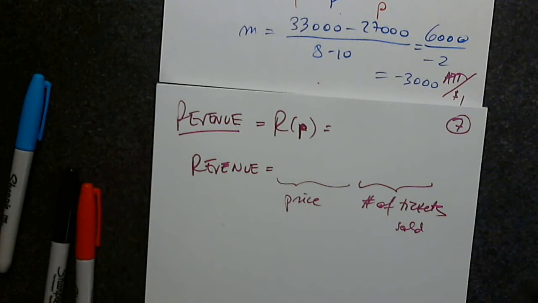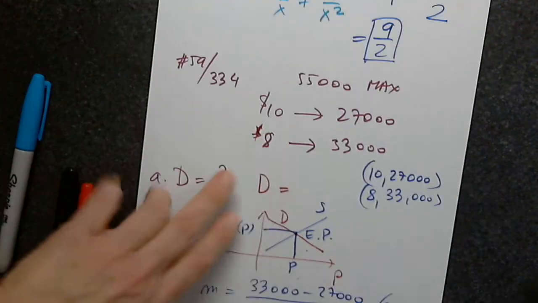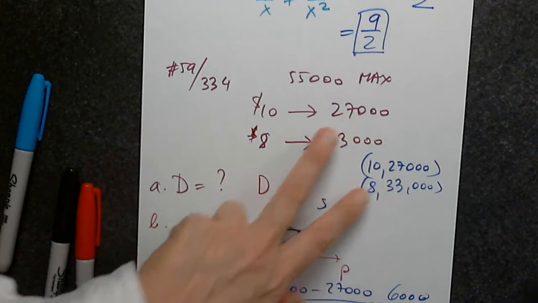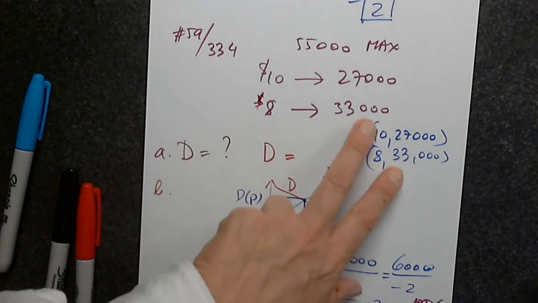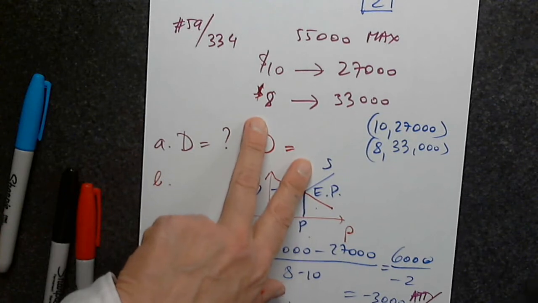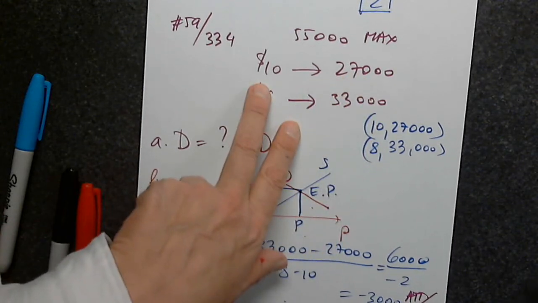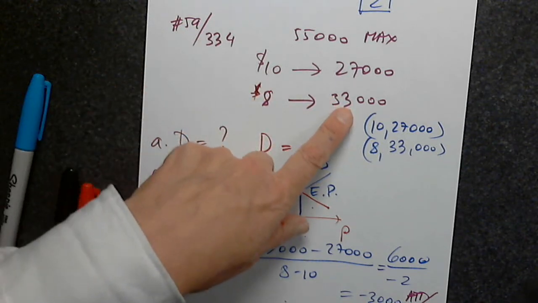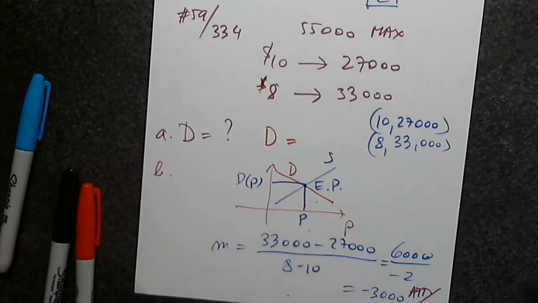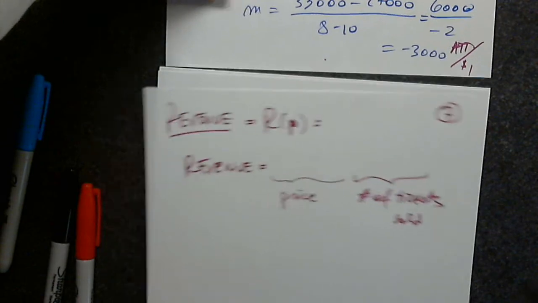So what would you say the revenue would be for $10? It would be 27,000 times 10. What would be the revenue for 8? It would be 33,000 times 8. So 27,000 times 10 is the revenue if the ticket price is 10, and the 33,000 times 8 will be when it's 8. Okay.